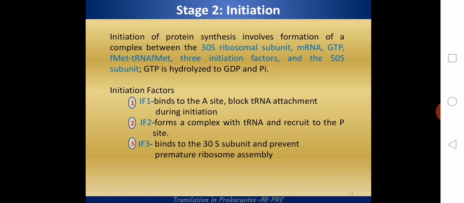In this stage, the initiation stage, all the four most significant components of translation will be gathered together. That means the ribosome, the mRNA, and the tRNA with the amino acid will be gathered together to initiate. Okay, so we will describe the initiation stage in 3 steps.